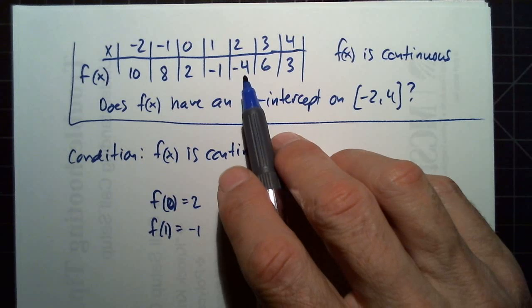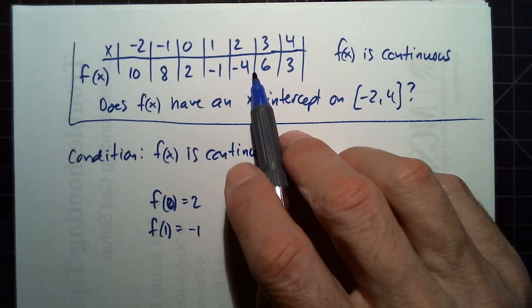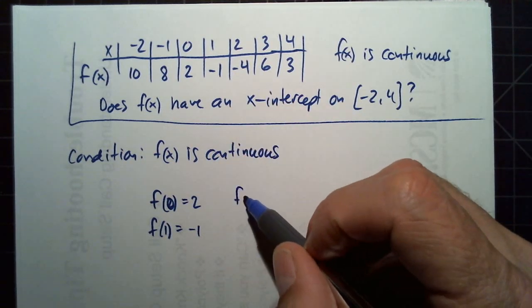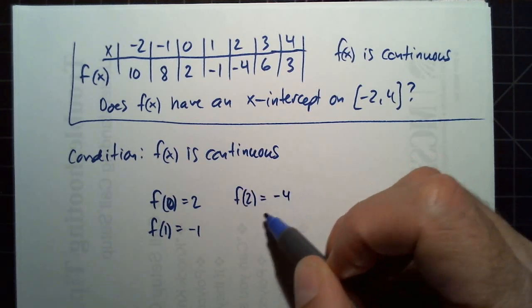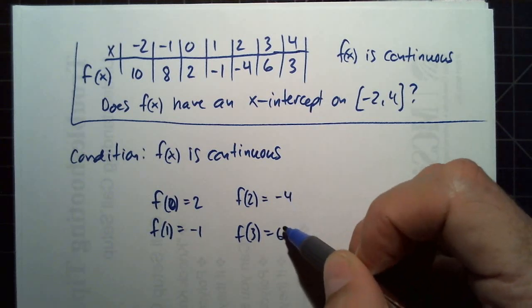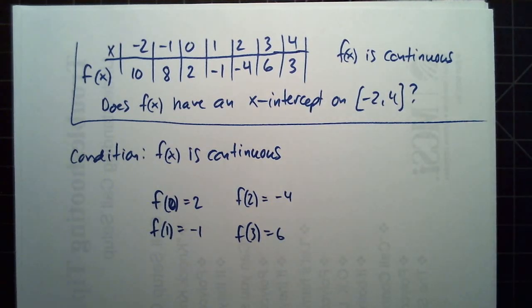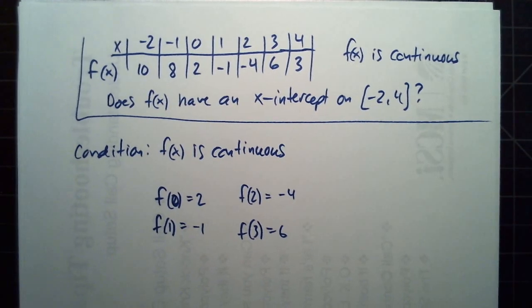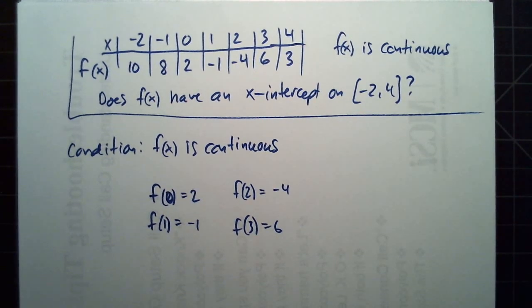And looking over here, from negative 4 to 6, we also cross 0. So f of 2 is negative 4, and f of 3 is 6. So we must cross 0 between those two y values.